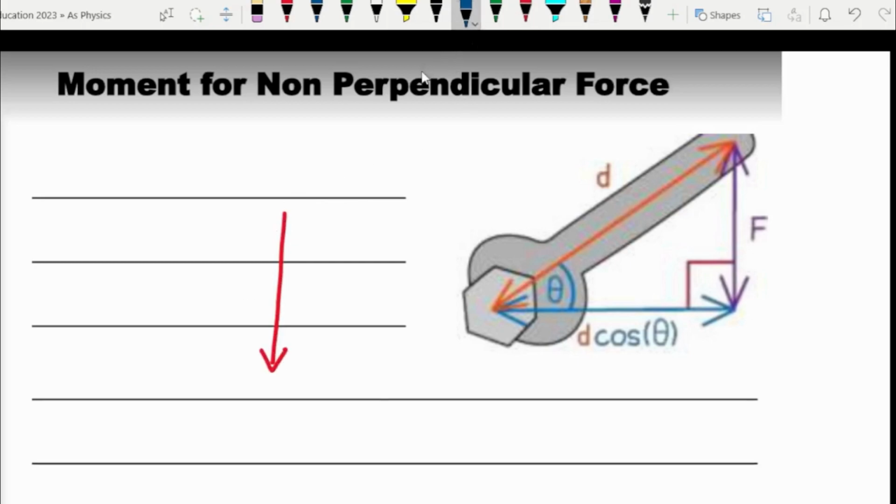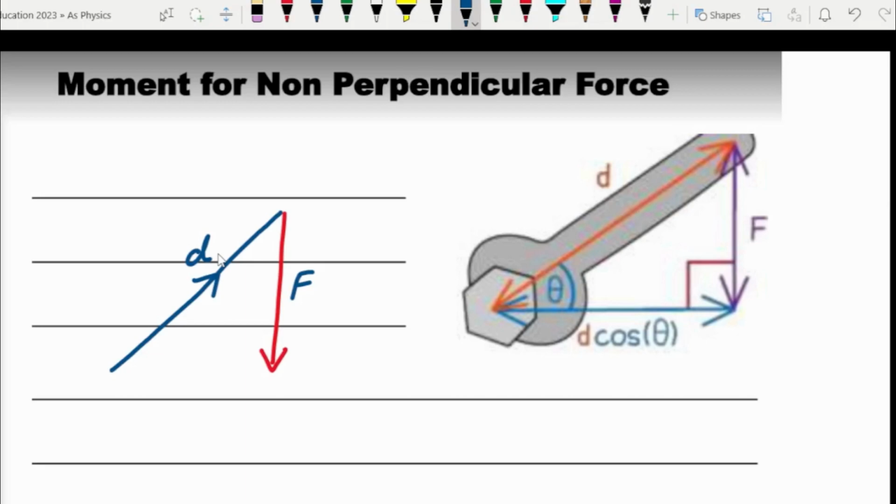Okay, you don't need to draw this one, we have to write some description here, this is just for the understanding. And this is your distance. Now the distance and the force, let's direct it over this side, they are not perpendicular to one another, so I'm going to resolve the distance into perpendicular components.